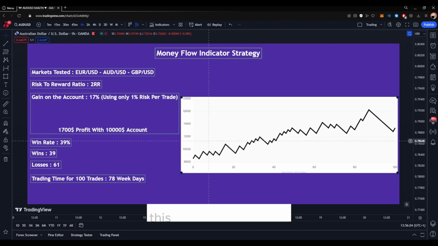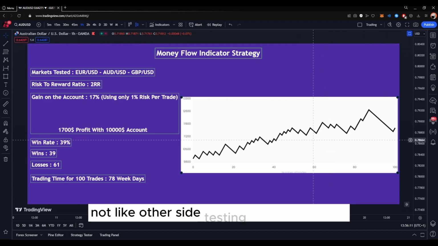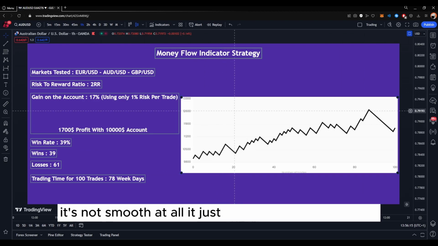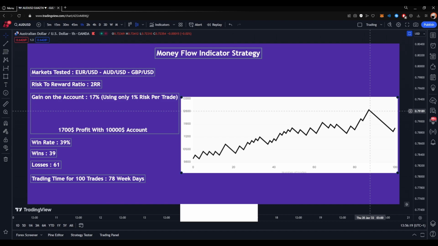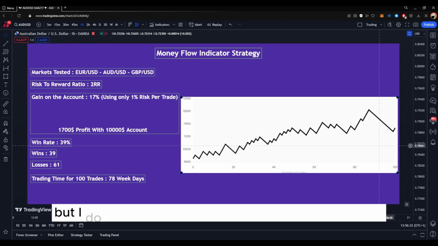And this is an equity simulator. As you can see, it is not like the others I tested in this channel. It's not smooth at all, it's just super choppy, and then in the end it falls a lot. So you can test the indicator other ways, but I do not recommend you trade the strategy using only the dots.